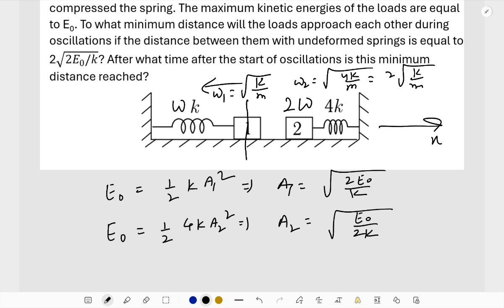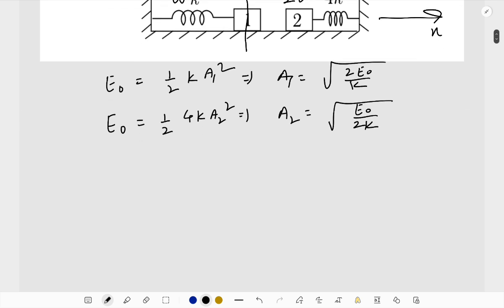Now we write down the laws of motion of the blocks. How? In the raw form, the law of motion of the left block can be written as x equals A1 sine omega t plus phi naught.